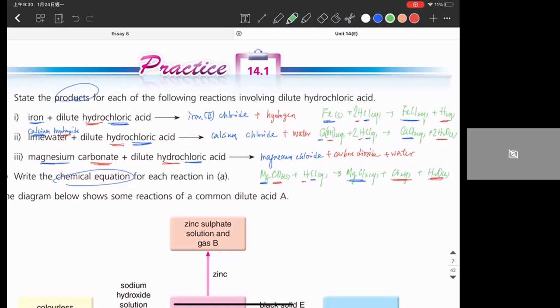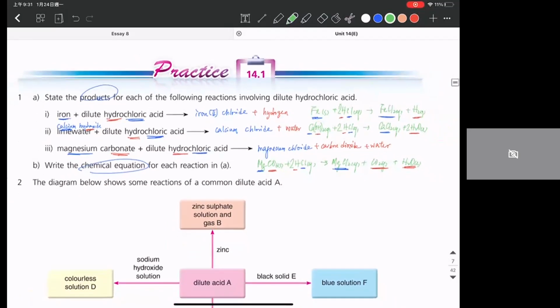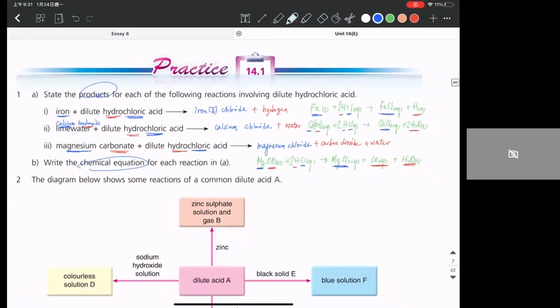And finally, remember to what? Balance the equations. Is that clear? Now, for question 2, I leave you to do it at home, and I will check question 2 right away in the next lesson.